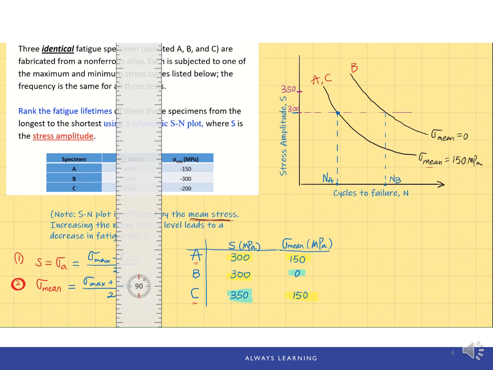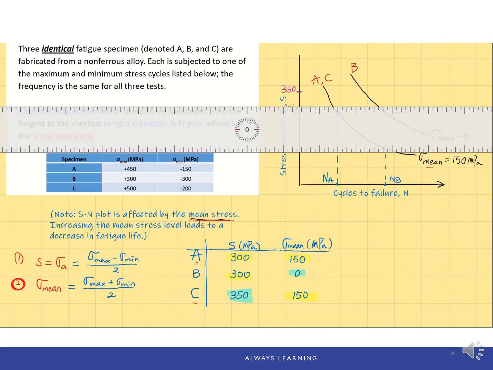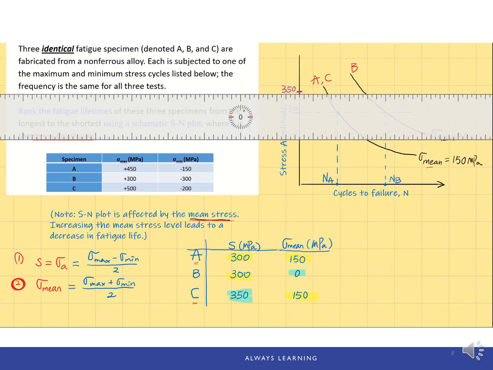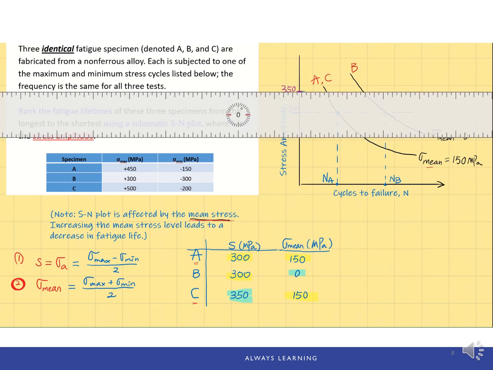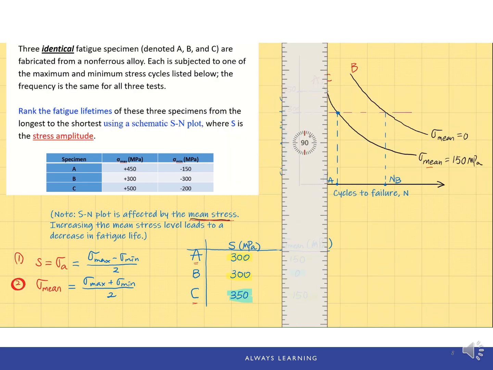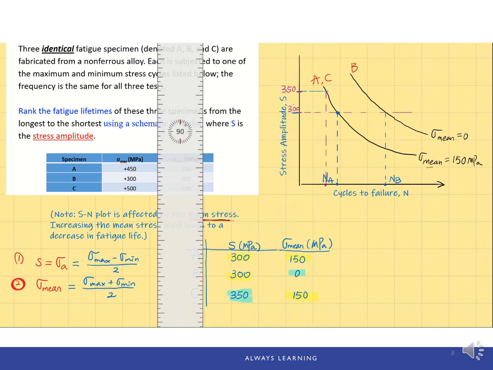This is NB. Now for NC, we use the same way, but now the stress amplitude is 350, which is above the 300, and the mean stress value is 150. We use the bottom curve for sample C, and this is NC.